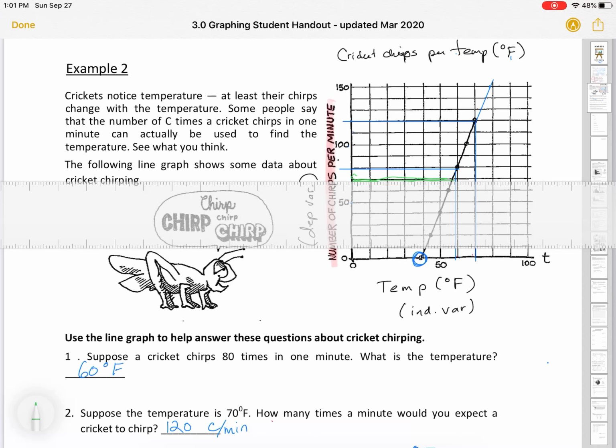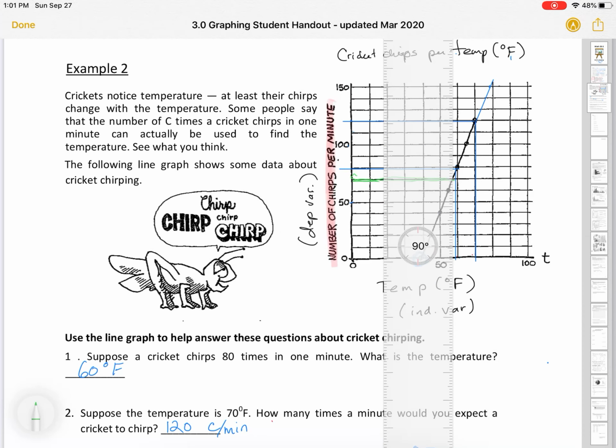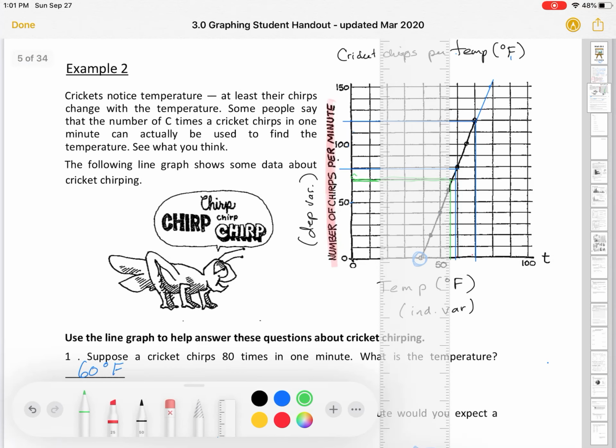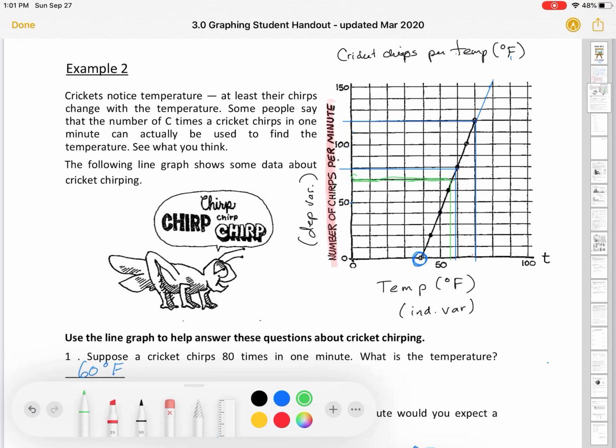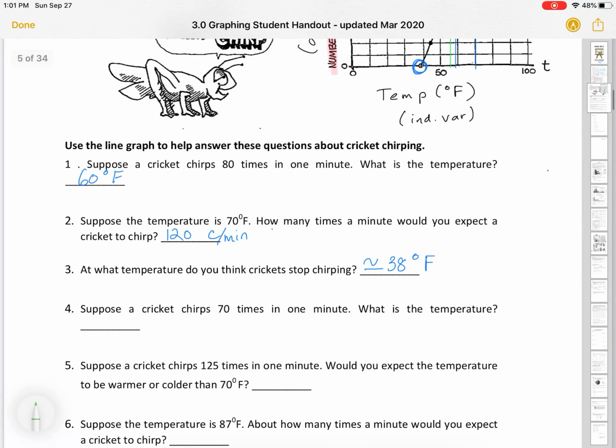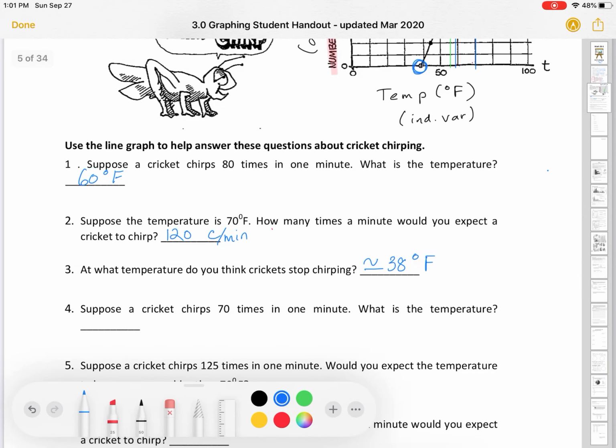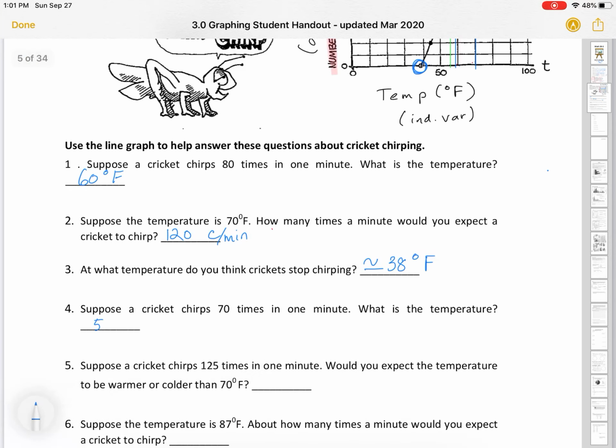So right here. So we draw our line down. Again, it's not completely all the way over. So we would say that that would be approximately, I would say about 57 degrees Fahrenheit.